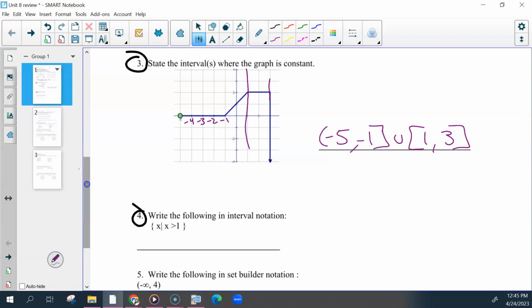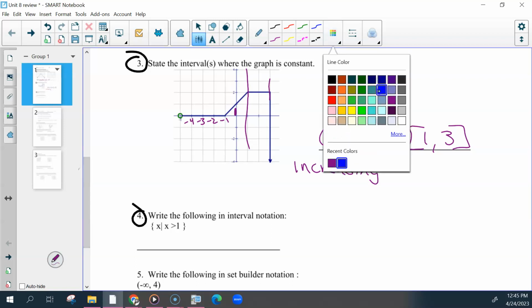This only asks about constant, but if it says something about increasing, you're looking at left to right where your x values keep going up, but your y values are also going up. Where is this increasing? x value 0 to 1, but it doesn't start at 0. It does end at 1.